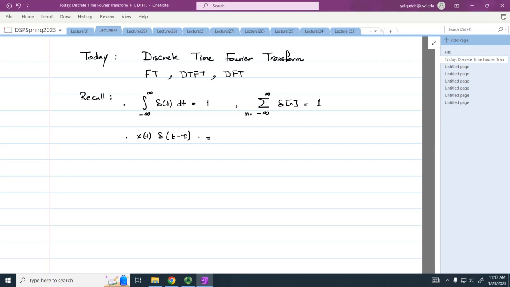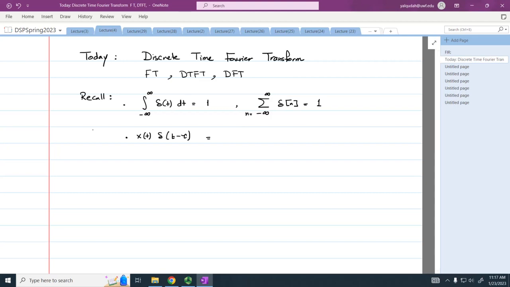X of t minus tau? That's not quite it. Keep going, I'm going to show you what to do. I mean, it looks overwhelming, isn't it? But in reality, it's straightforward.